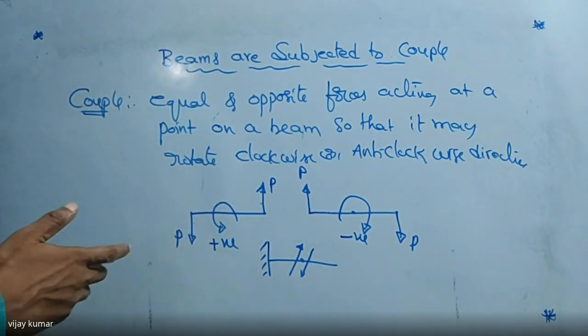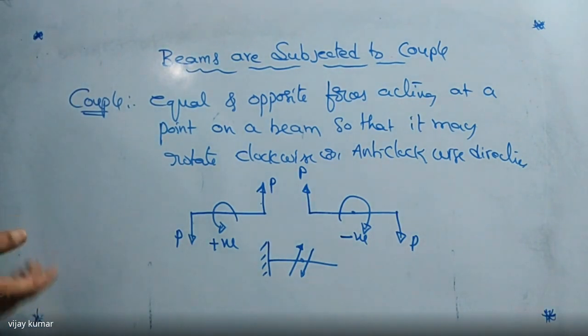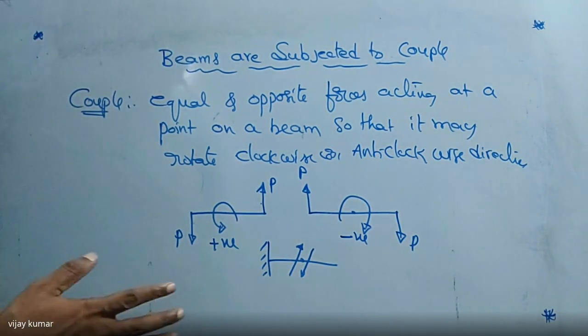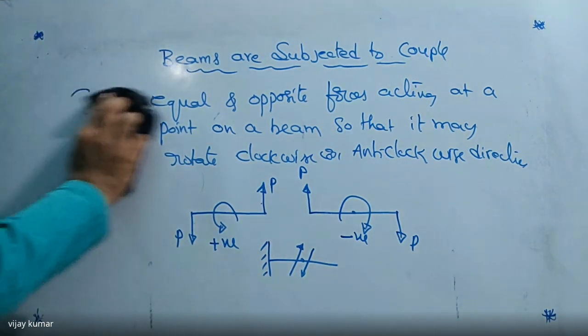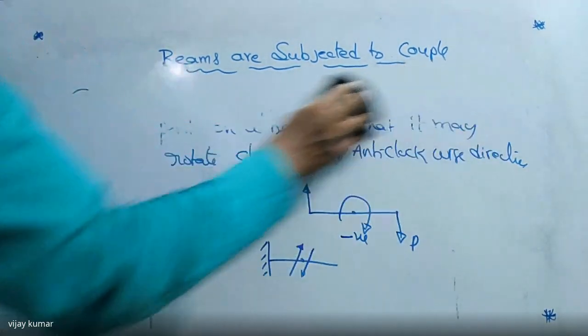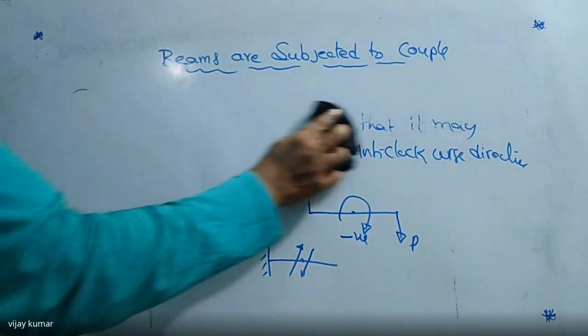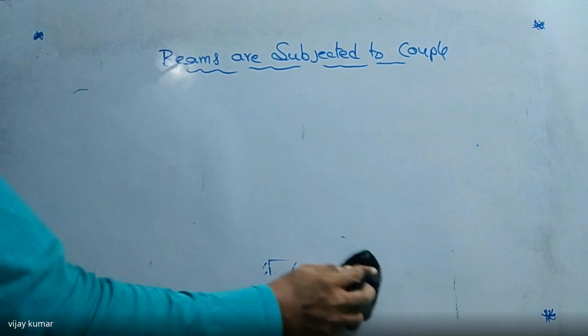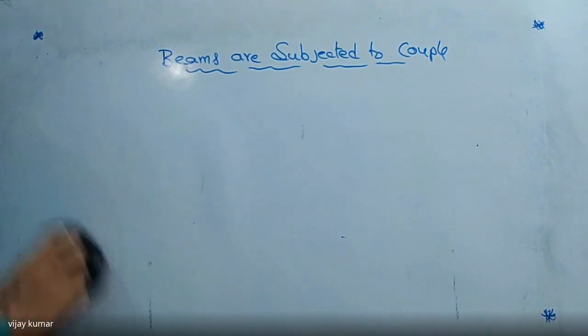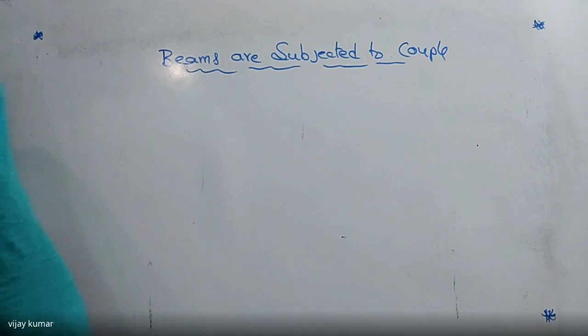If it is clear, then I'll explain how to draw the shear force and bending moment diagram for different types of beams. I have only explained two beams, the cantilever beam and the simply supported beam. Now I'm going to explain how to draw the shear force and bending moment diagram for these two beams when they are subject to a couple.